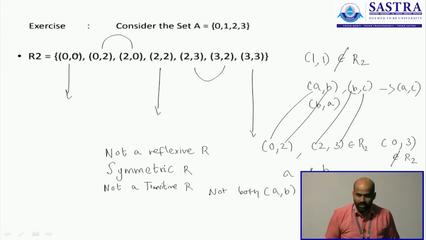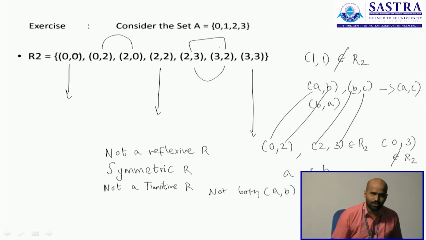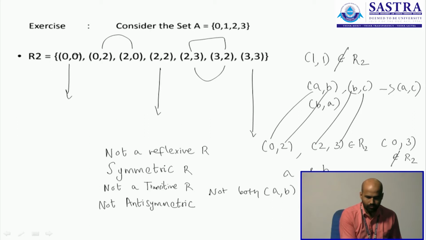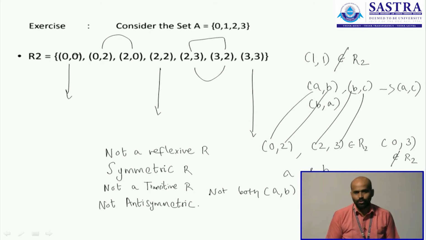You don't see it here because 2 and 3 are distinct. The element 2 and the element 3 are distinct, but you have both of them present together. And therefore, this is also not antisymmetric. It's only one of the four. It's not reflexive, not transitive, not antisymmetric. It is just symmetric.